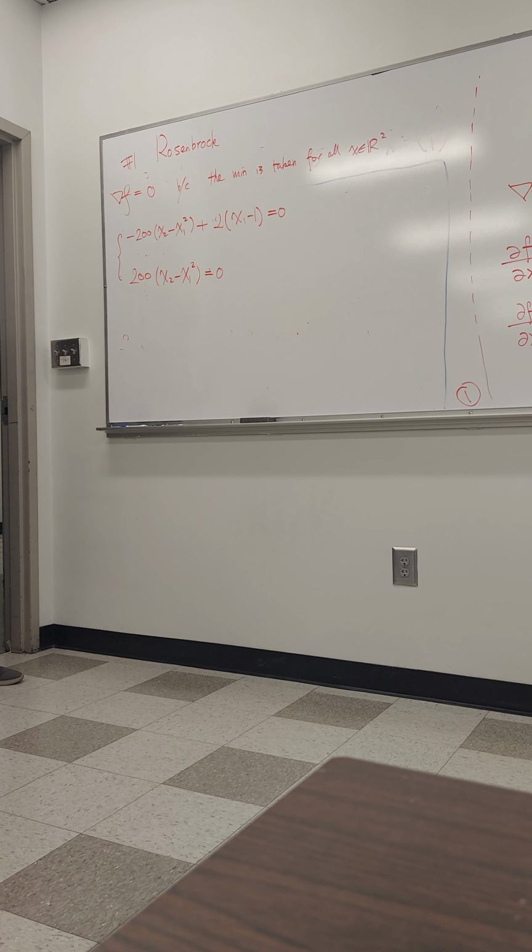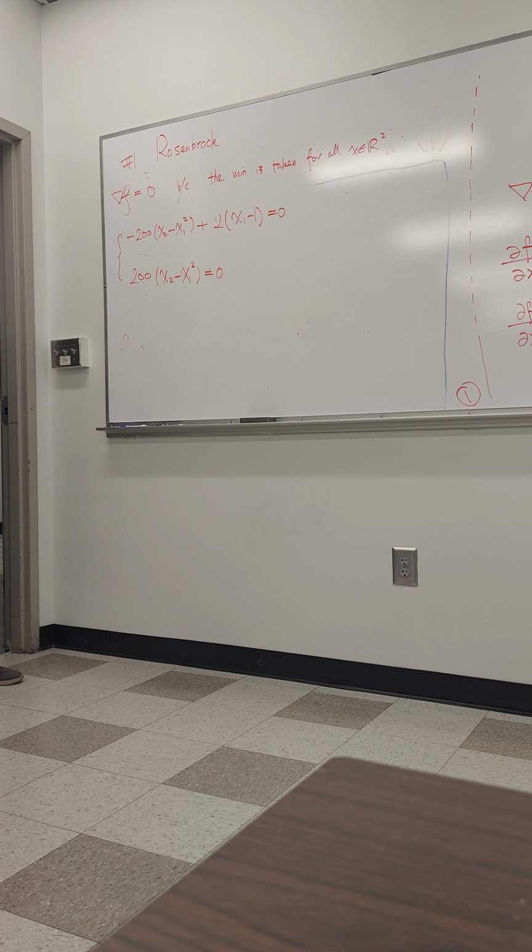So, all right, let's verify it. Now let's take the derivative, the gradient. So the gradient is partial f partial x1, partial f partial x2, in general.